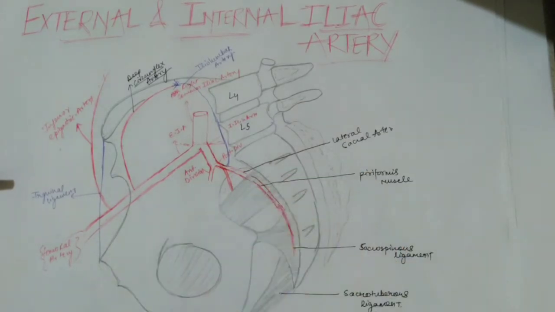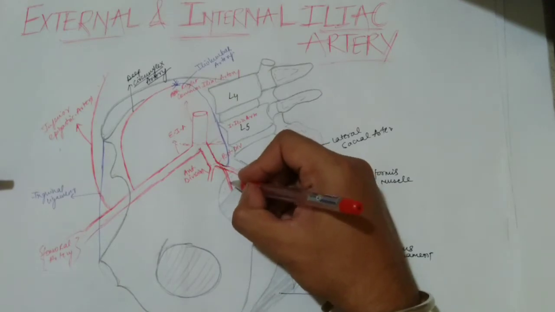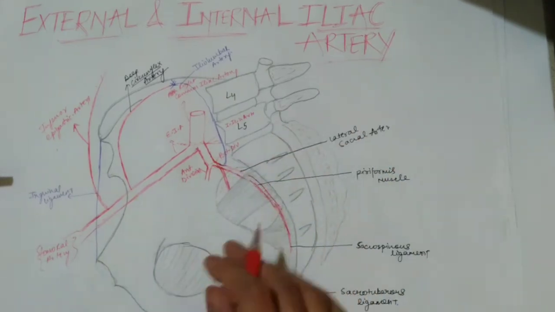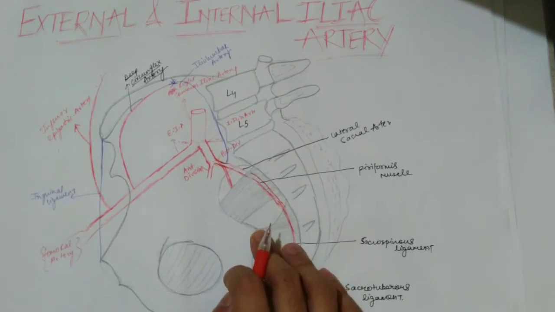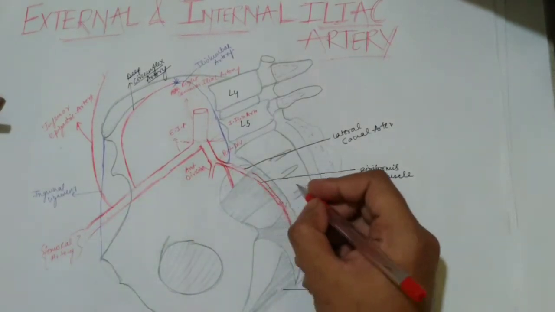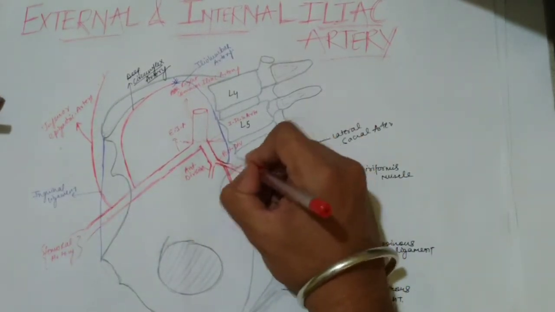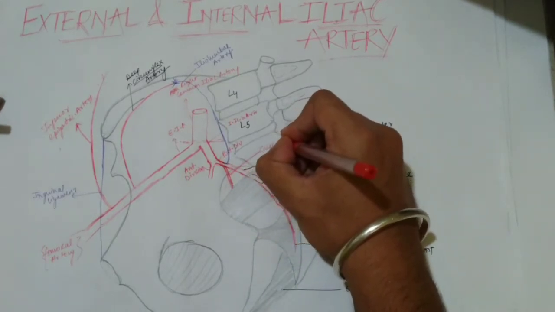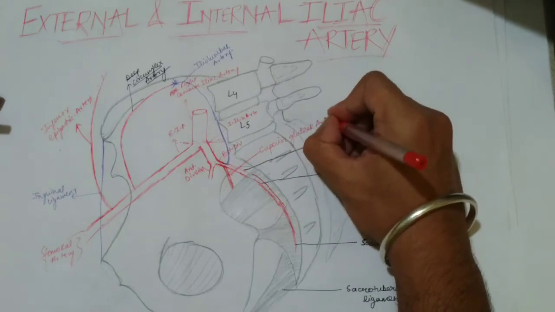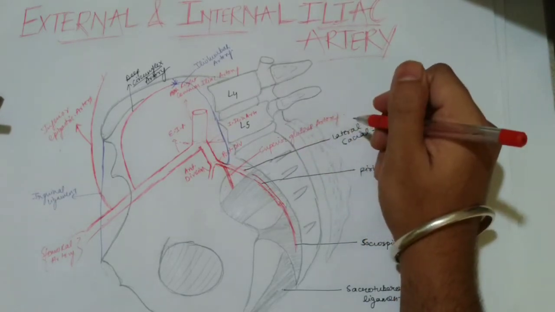So it passes through this foramen and goes to your gluteal muscles, in the back side of the pelvis. So this is your superior gluteal artery. These are the three arteries that arise from your posterior trunk.